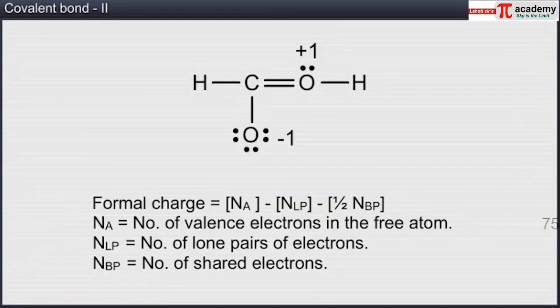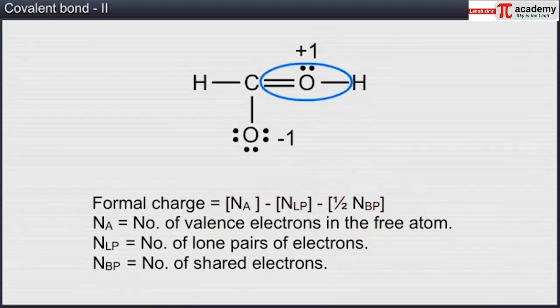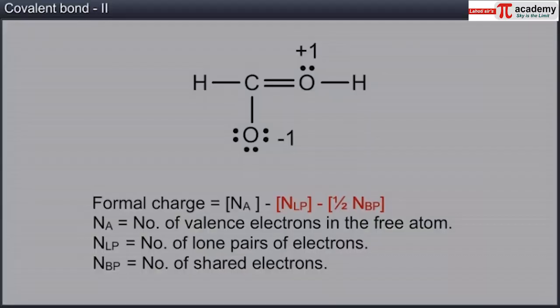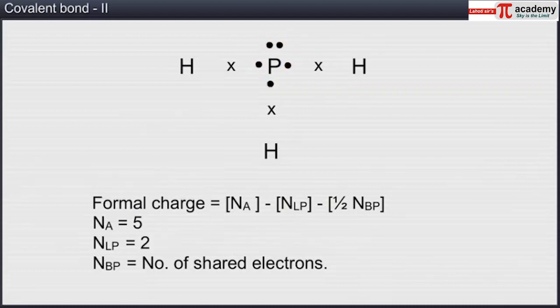The formal charge can be expressed as the difference between the number of electrons present in that atom in its isolated state and the number of electrons assigned to the atom in the Lewis structure. For example, in a phosphine molecule, the number of valence electrons in the phosphorus atom is 5 and the number of lone pairs is 2.